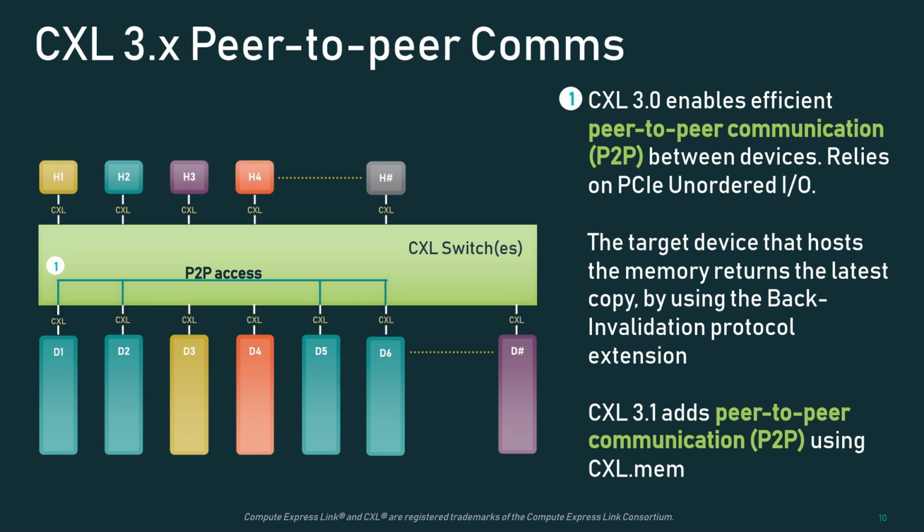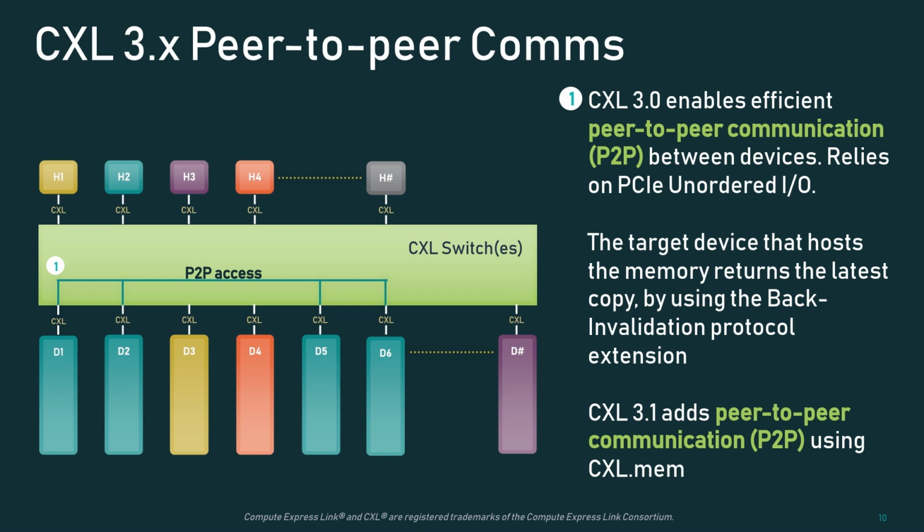The other big advantage that CXL 3.x brought in was enabling peer-to-peer communication. Peer-to-peer communication is pretty common in the PCIe environment. So with CXL 3.0, we enabled peer-to-peer communication between devices.